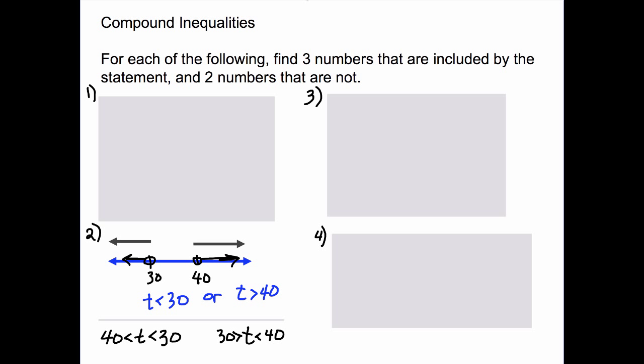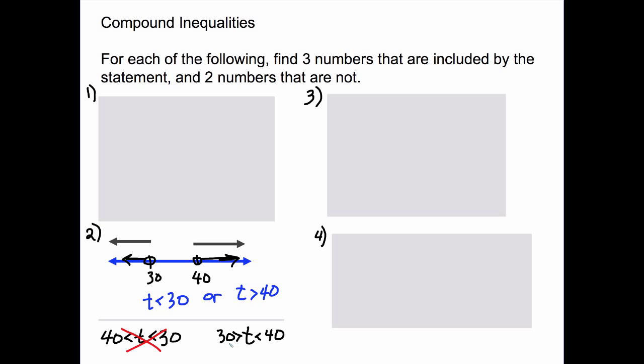What has magically appeared now are two ways not to do this. These both are incorrect. So the first way is to write 40 is less than T, which is less than 30. Well, this can't be. We're saying that the number has to be greater than 40 and at the same time less than 30. And that's not what we want to say in this problem. So we cannot write the inequality like this.